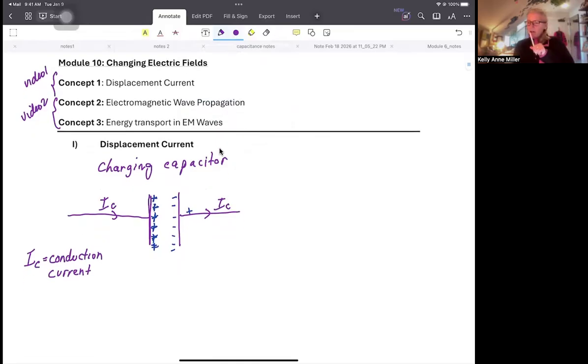And they're the same, right? IC on the left is equal to IC on the right. So the question is, what happens? We kind of glossed over this when we initially talked about capacitors, but what happens to the current in between the plates?